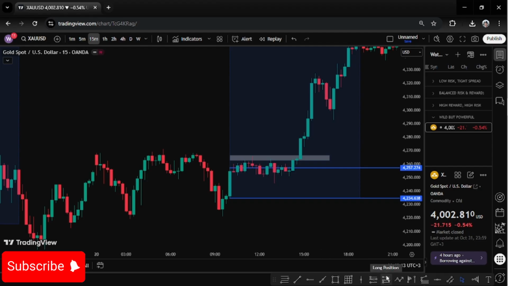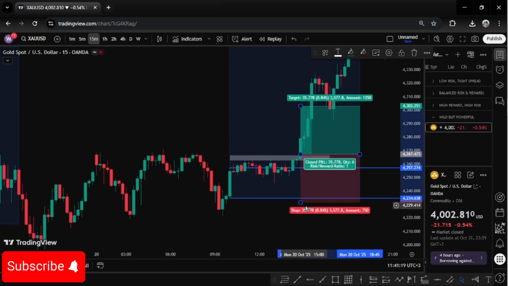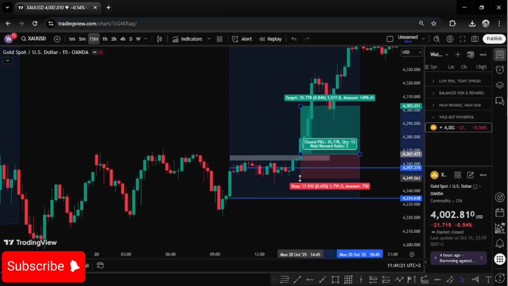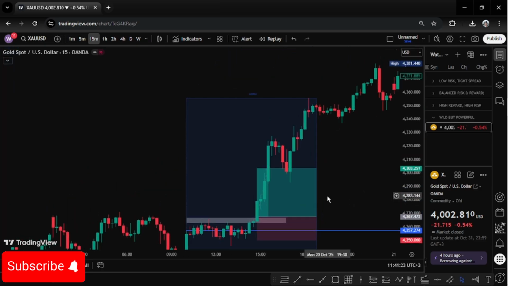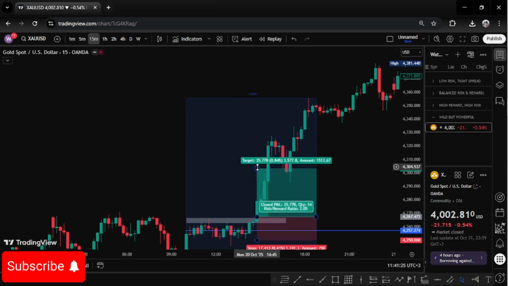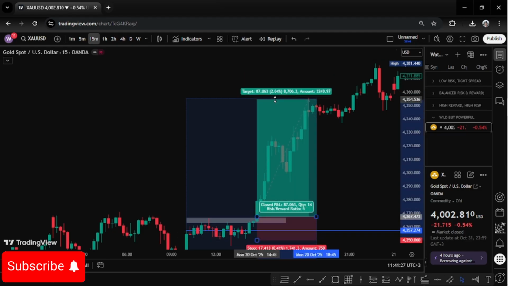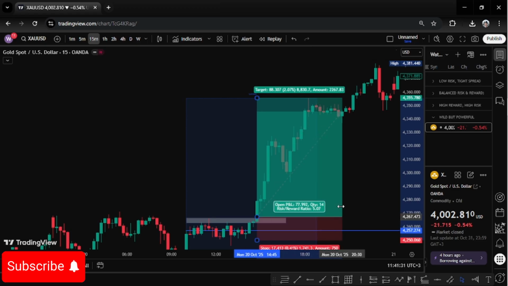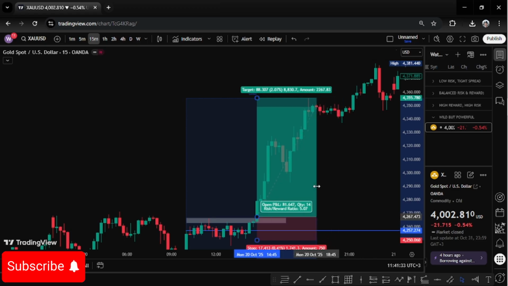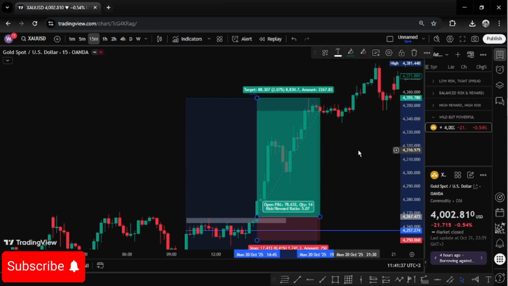Okay, as you can see guys, there was a little bit of resistance there, and after we broke out of that resistance, that could have been our entry. Okay, and then we could have targeted the previous highs. Okay, and as you can see guys, it played very nice. That's a very nice R guys.